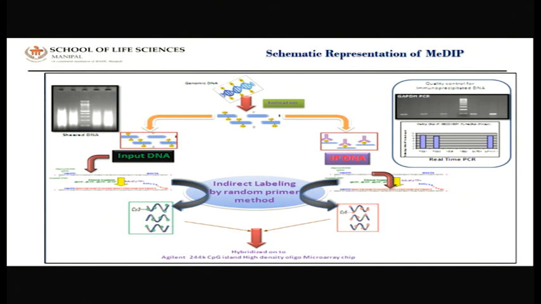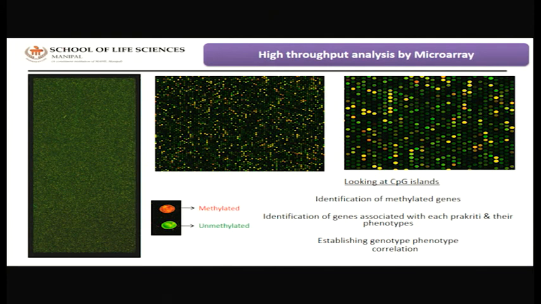So we used methylation dependent immunoprecipitation technology and used microarray techniques, which I showed you in the beginning, to be able to identify specific methylation regulated regions within the Vata, Pitta and Kapha individuals.